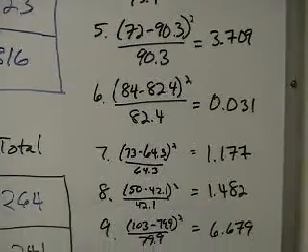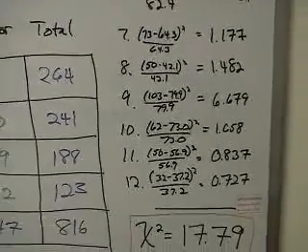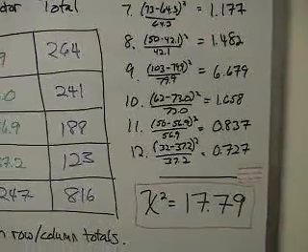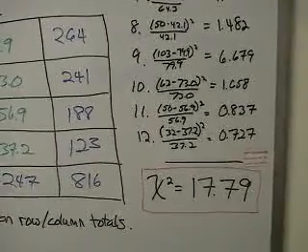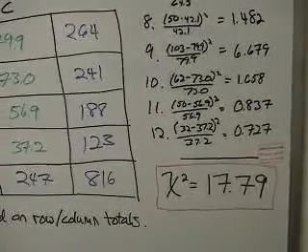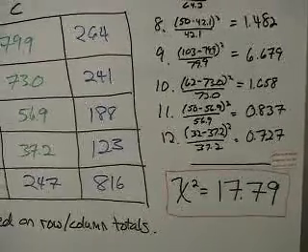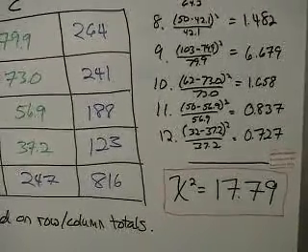If you take all those 12 figures and add them up, you get your chi-square of 17.79. Okay, and at this point you're almost done. You just have to take that figure and place it in your table to see if it reaches statistical significance.